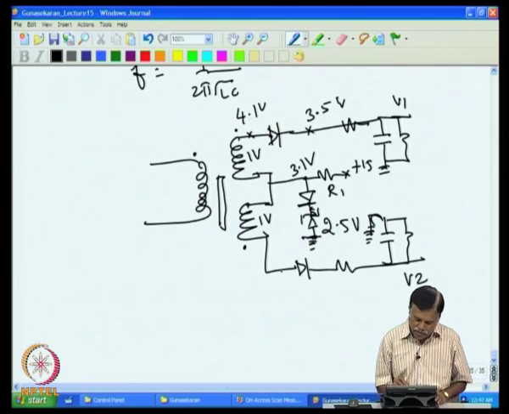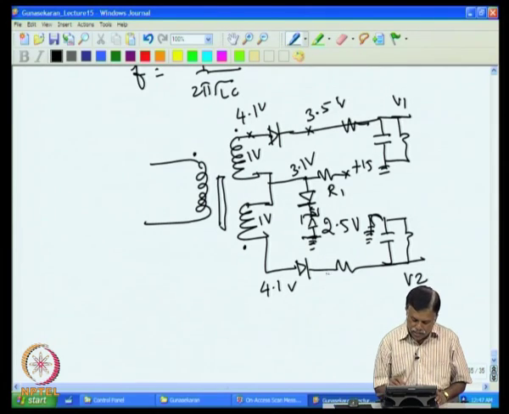Similarly, here on the positive side this will go to 4.1 volt, because you get 3.1 and 1 volt across this, assuming both are producing equal voltage here, 1 volt and 1 volt here, then you will get 4.1 volt here, and this also will give you 3.5 volt.